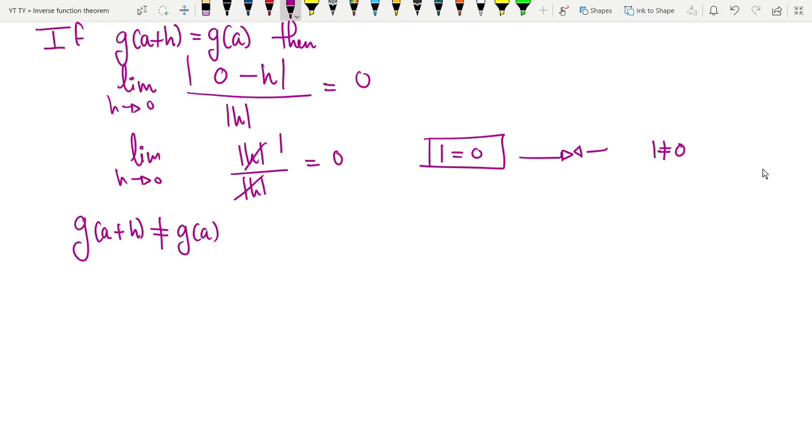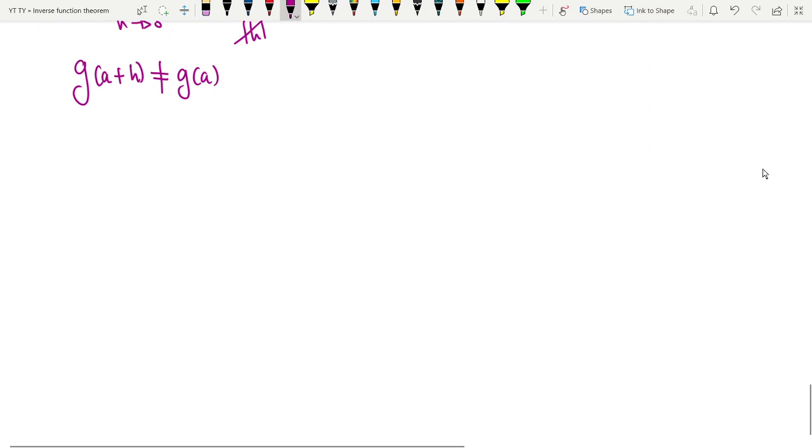So based on this, we try to find a neighborhood of a which satisfies some conditions. Let us just try to write those things.